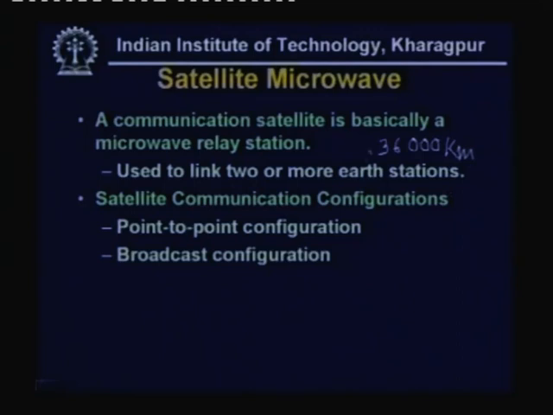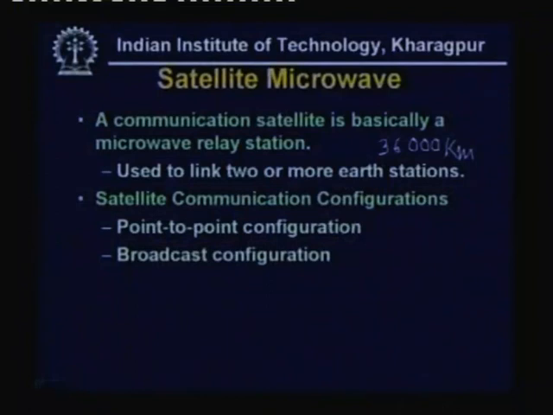As we shall see later, this will allow us to cover a very large distance. With the help of this microwave you can link two or more earth stations, and that antenna in the sky, the satellite, will be acting as a relay station.